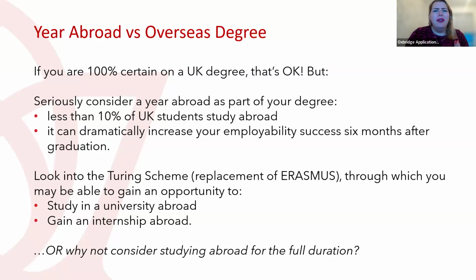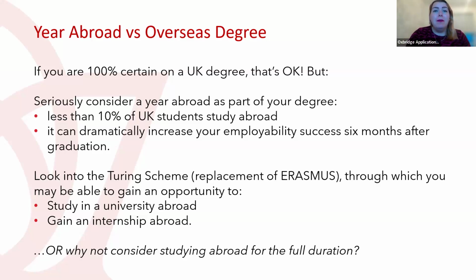So if you're here today thinking, I absolutely 100% want to study in the UK because you want to study the specificity of a UK degree, for example, that is absolutely okay. But I would then encourage you to look at programs that might give you opportunities of studying abroad as part of that.